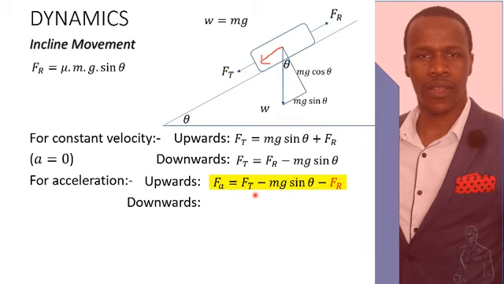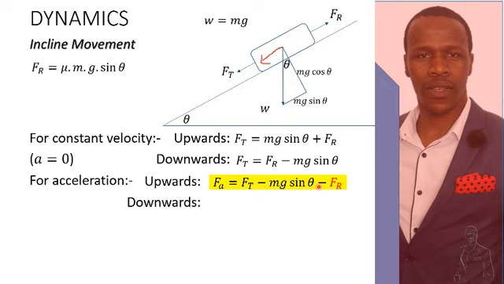The only difference is that here we made acceleration the subject of the formula. So when you make acceleration the subject of the formula, you take both of these to the other side of the equal sign and they become negative. I think that makes sense.